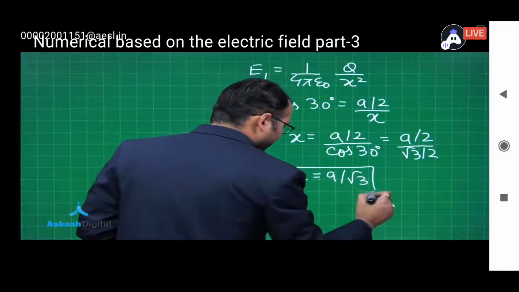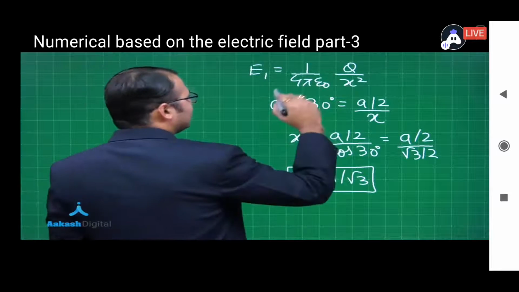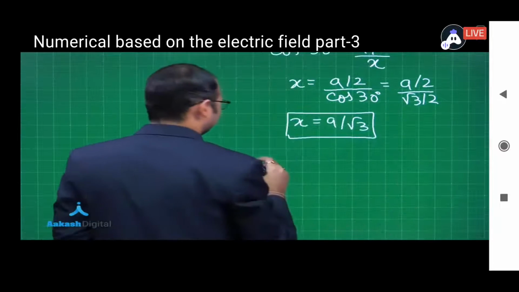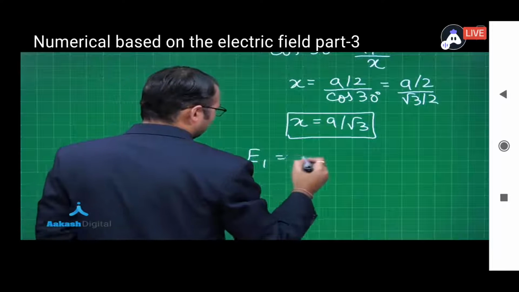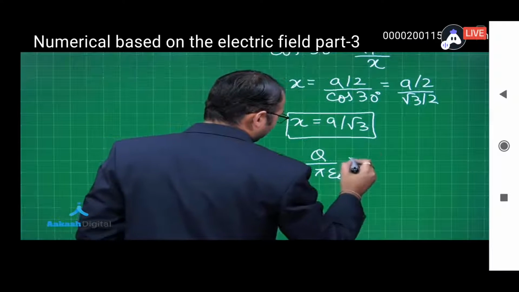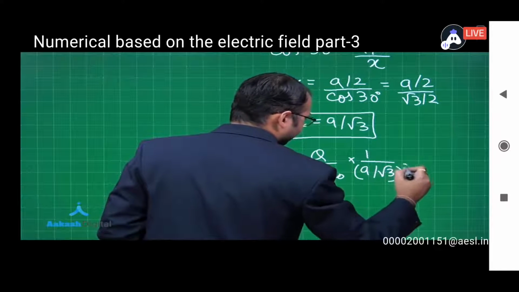This is an important observation which we will be using again and again. Putting this value x here in this equation 1, I'll get E1 equals Q upon 4 pi epsilon naught into 1 upon A by root 3 whole square.